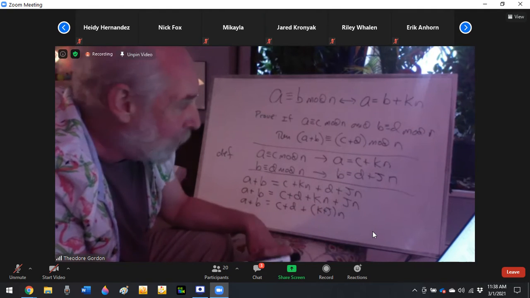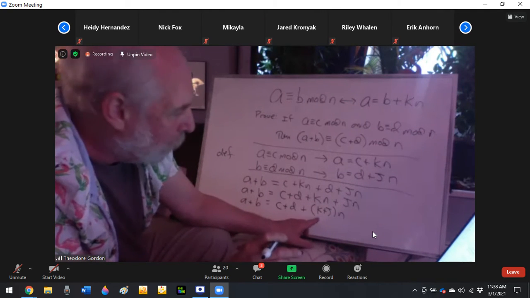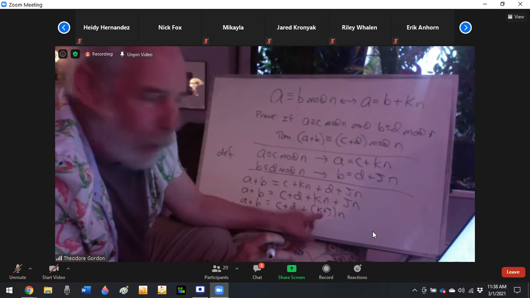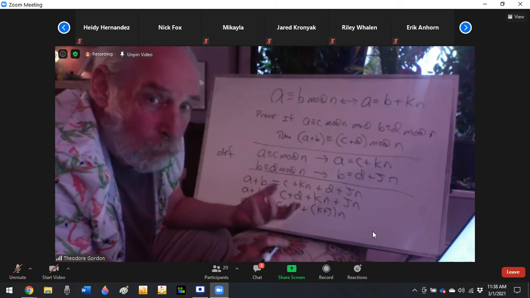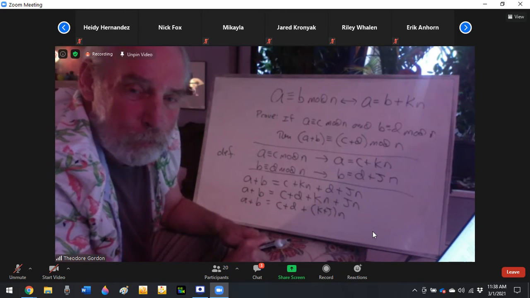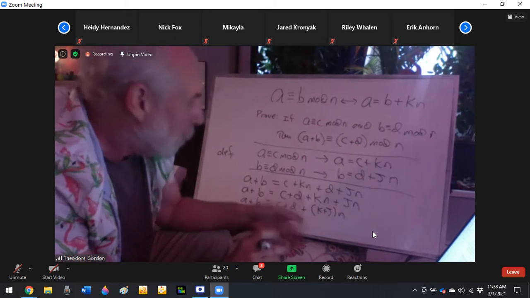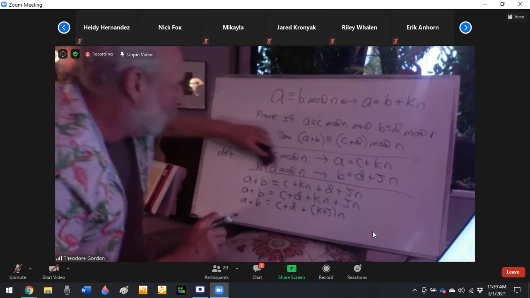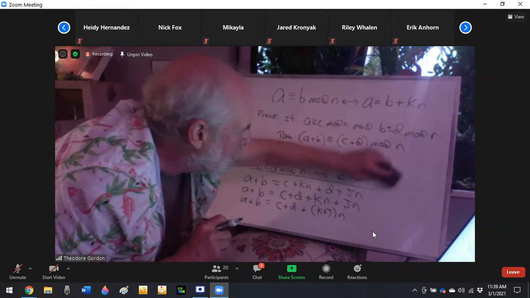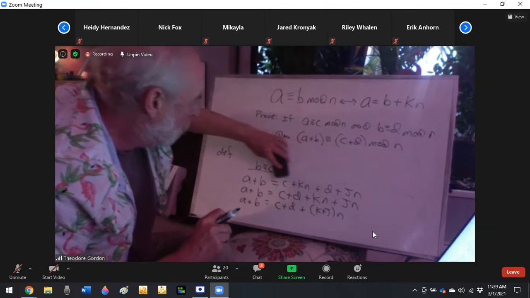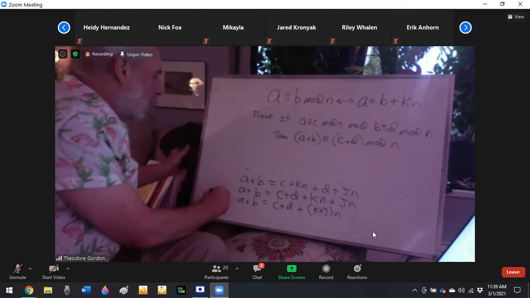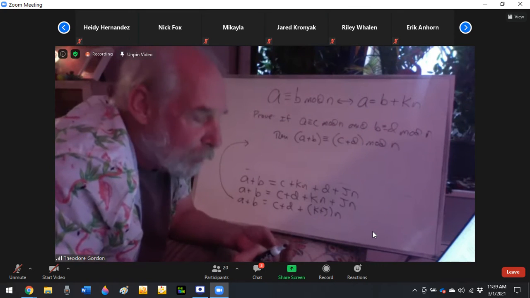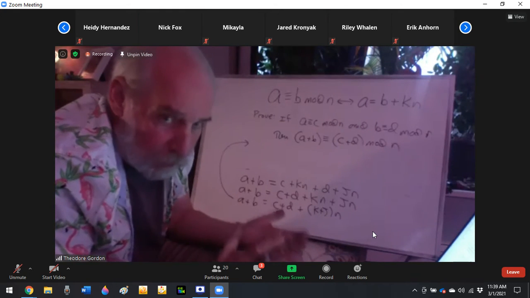And here's something that we're allowed to assume as true. K and J are both integers. If you add two integers together, what do you get? Another integer. So we can assume without proving it that an integer plus an integer is an integer.